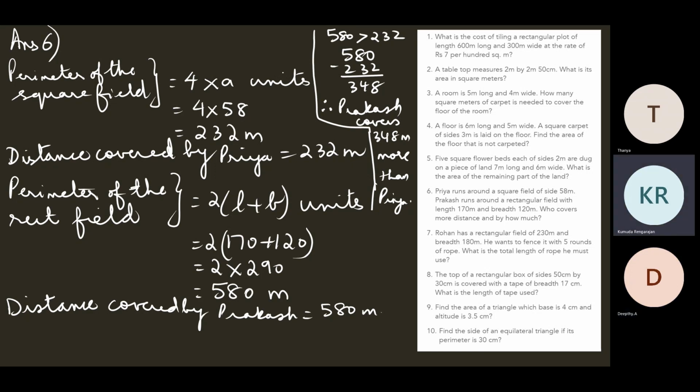That's also right. So since 580 is more than 232, Prakash covers more distance. And by how much? You'll have to subtract.